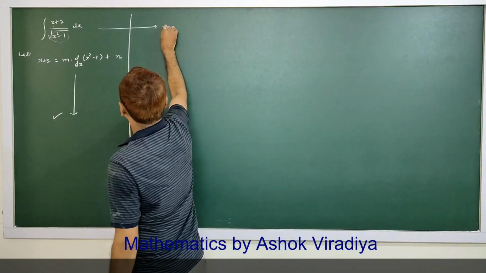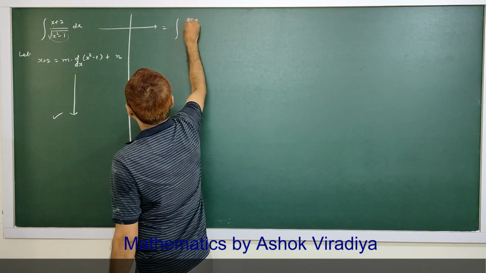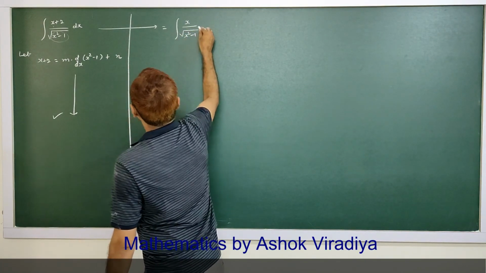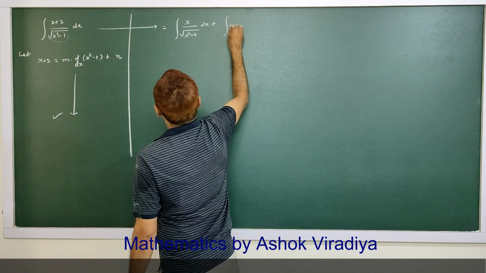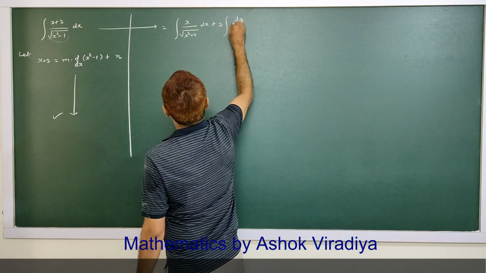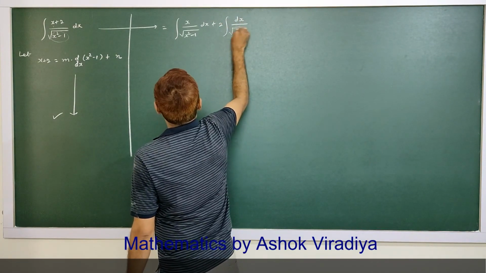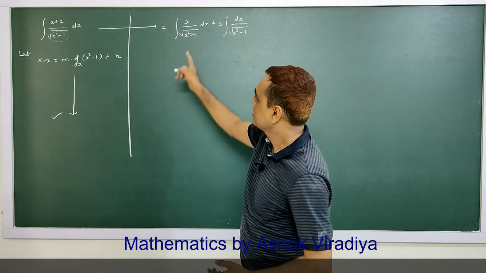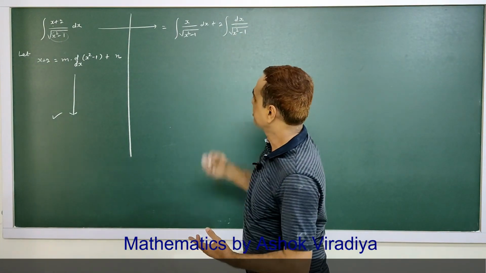So what do we do? First of all I divide individually. Dividing individually, this is x upon root x square minus 1 plus 2 upon root x square minus 1.